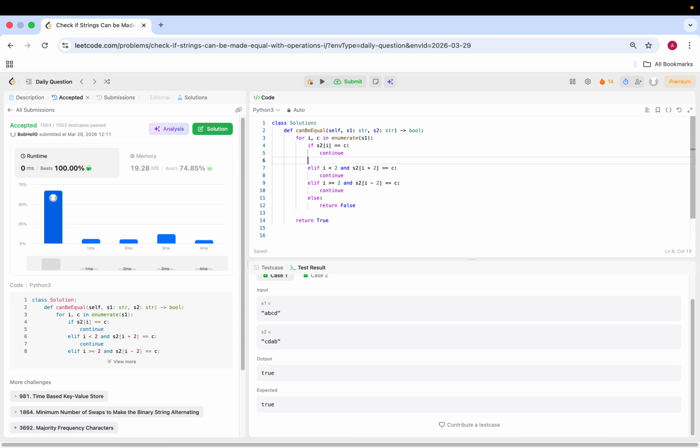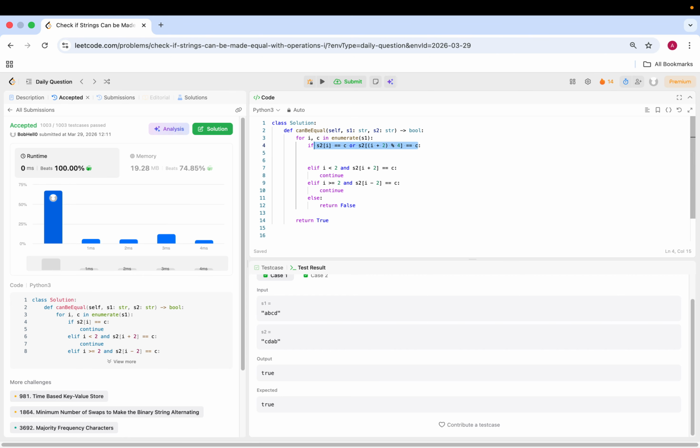If S2 at I is equal to C, should it be one big or S2 at I plus 2 mod 4 is equal to C, and then wrap that entire thing in a not.